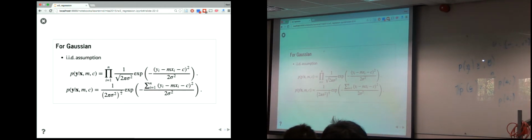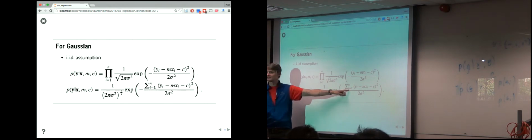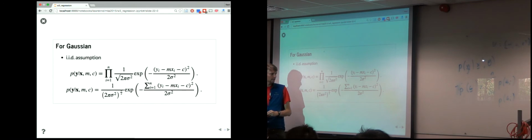So if I have exponential of a, exponential of b, that's equal to a plus b exponentiated. And this is just applying that trick multiple times to give us this sum inside the exponential.